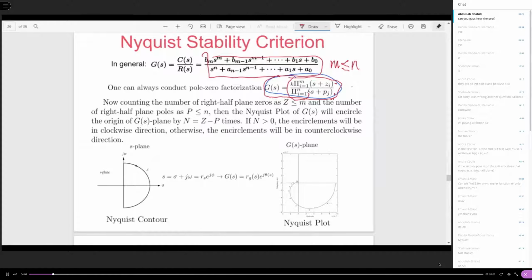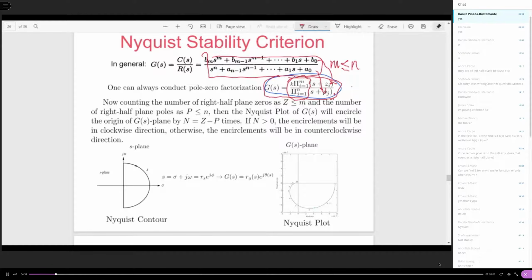The symbol capital Pi indicates the multiplication, the product. So we factorize the numerator into the product of zeros, and the denominator into the product of poles.